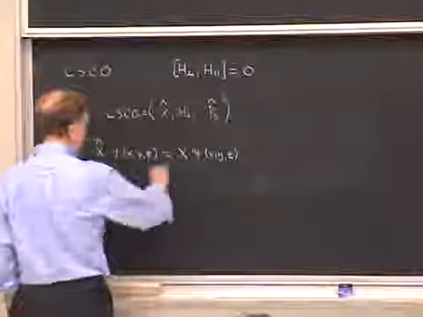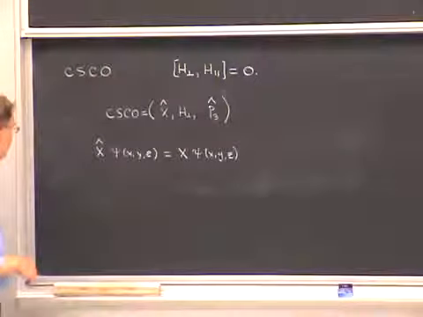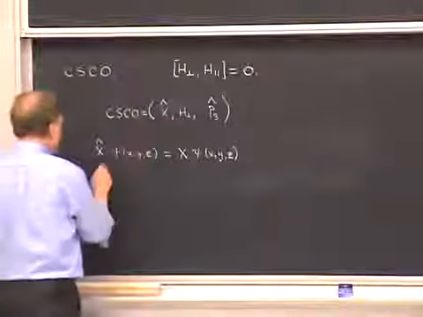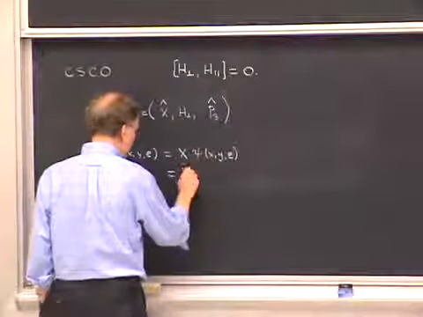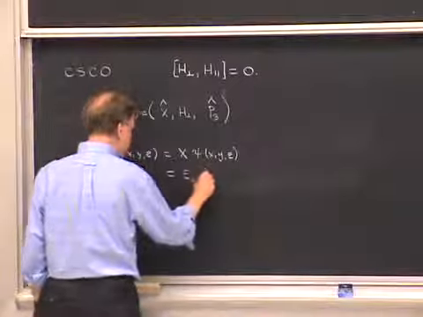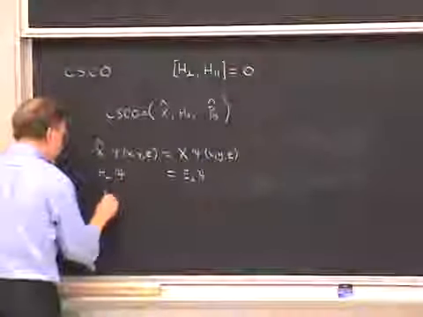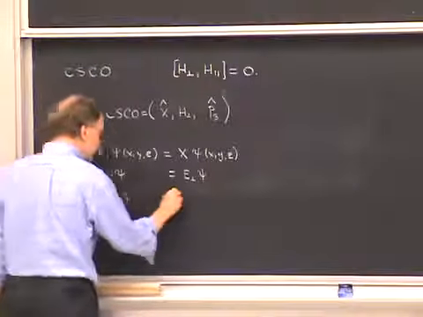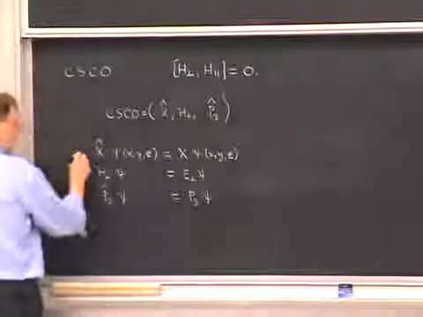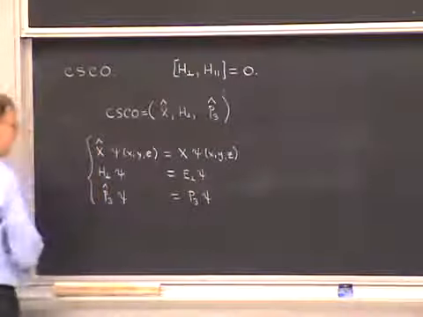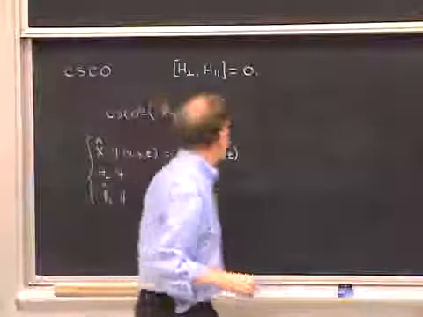So this is the eigenvalue eigenfunction equation for the operator x hat. Likewise, h perp acting on psi brings out an e perp, the perpendicular energy. And p3 hat acting on psi brings out a p3 eigenvalue times psi. So these are three simultaneous eigenvalue equations that have to be satisfied.